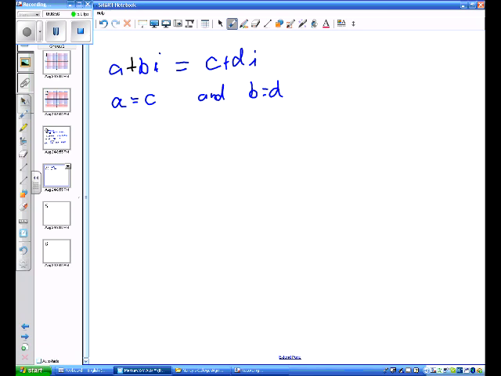So the only way two complex numbers are going to be equal is if the real parts are equal and the imaginary parts are equal.